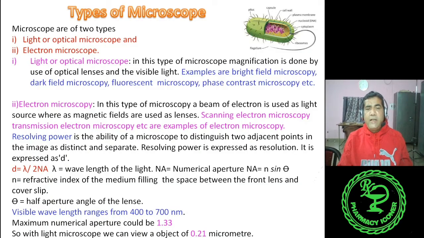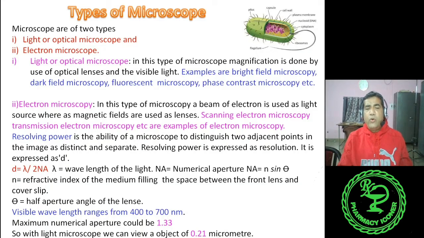Various types of microscopes are there. These are broadly classified into two types: the light or optical microscope and the electron microscope. In a light or optical microscope, magnification is done by use of optical lenses and visible light. Examples are bright field microscope, dark field microscope, fluorescent microscope, phase contrast microscope.